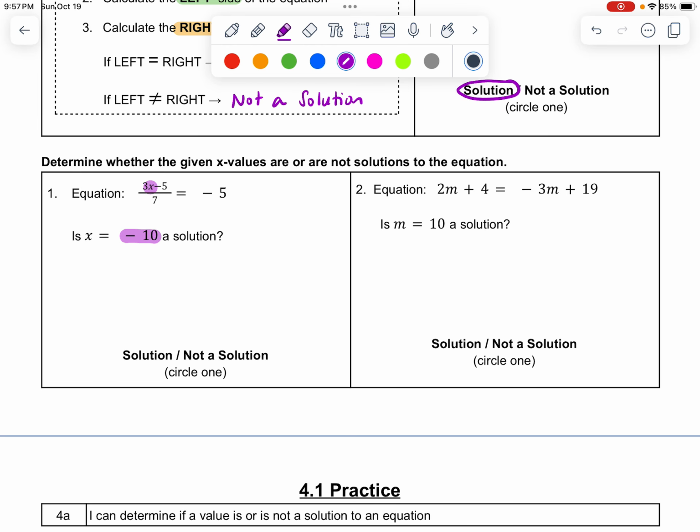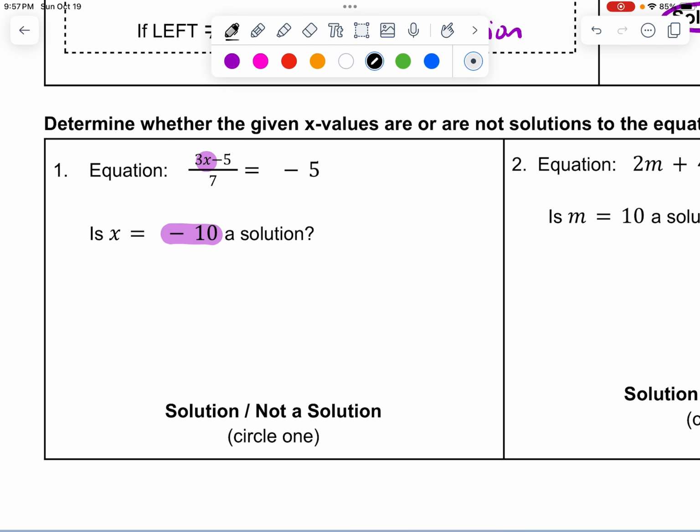The first thing I'm going to do is replace this x with a -10. So I'm going to start by copying everything down, but just changing the x to a -10. That means I'm going to write 3 and then parentheses -10 minus 5 all divided by 7 equals -5.